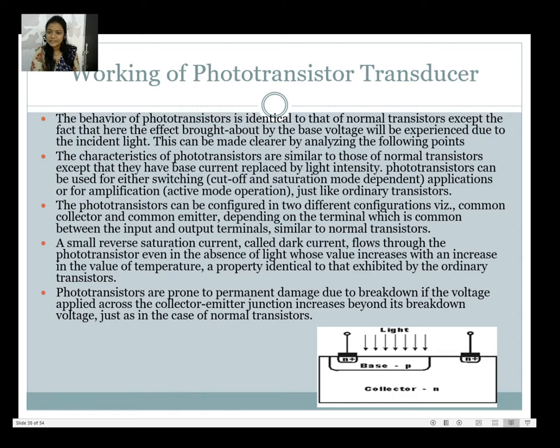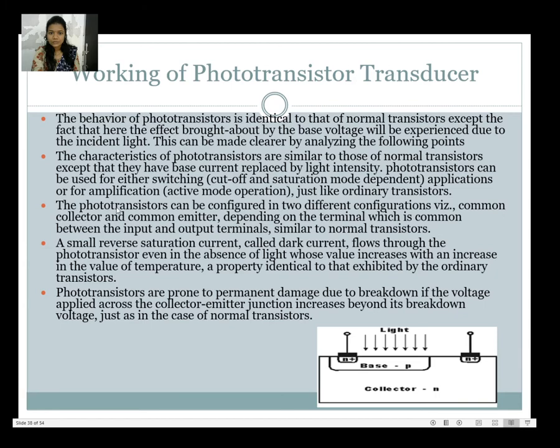The characteristics are also the same as a BJT, but instead of base current, in a phototransistor we have light intensity. The phototransistor can be used for switching, in cutoff and saturation mode, and for amplification, in active mode.